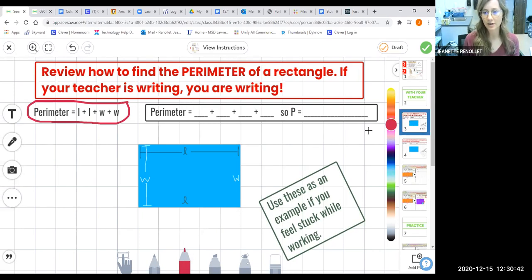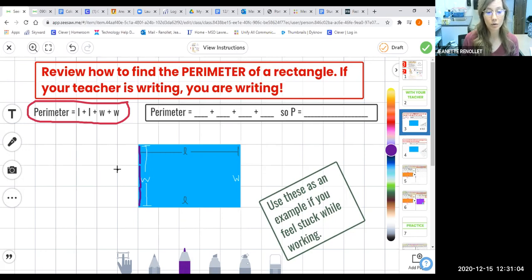Let's do that together. I'm going to use purple because I like purple. And I'm going to start with the width. I see I have a grid background with some squares. So I know that this is 1 square, 2 squares, 3 squares long.